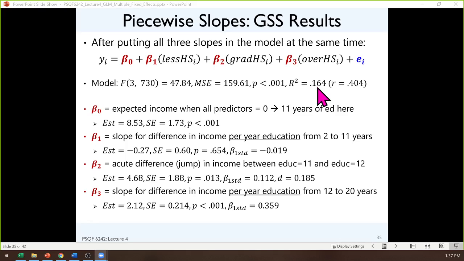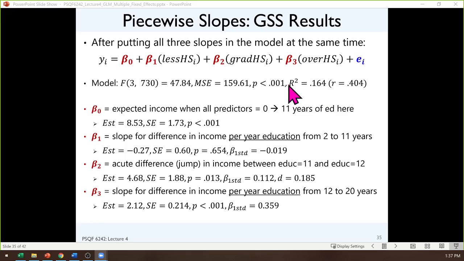In other words, 16.4% of all the variability in income, 16.4% of all the reasons why some people make more money than others, has to do with education. I've got about 84% left over though, so education is clearly not the only story here.